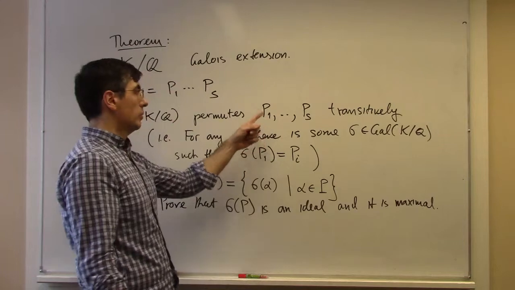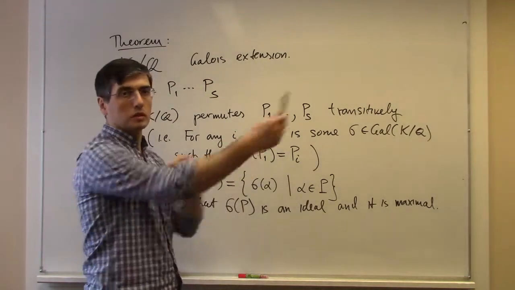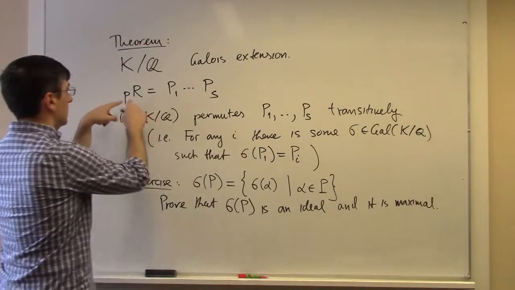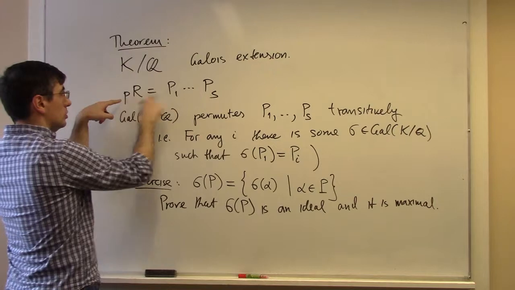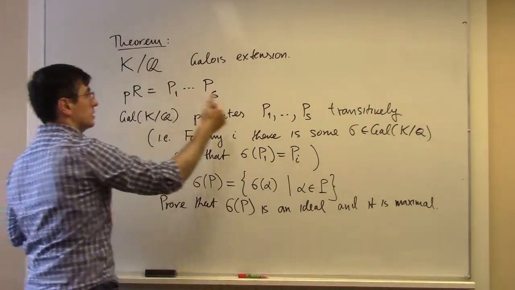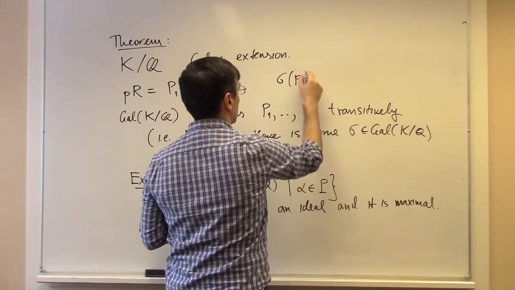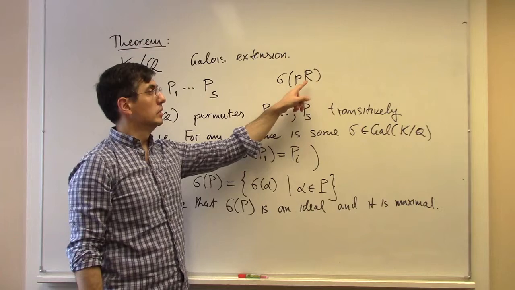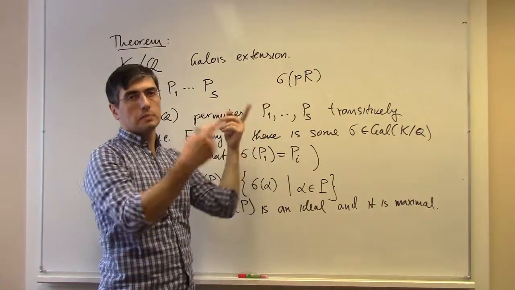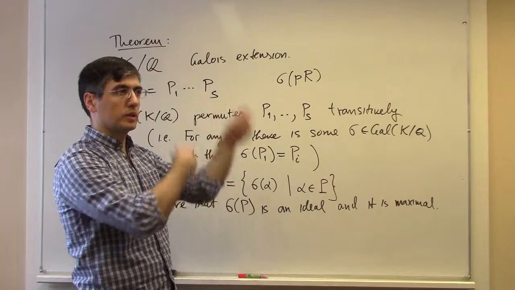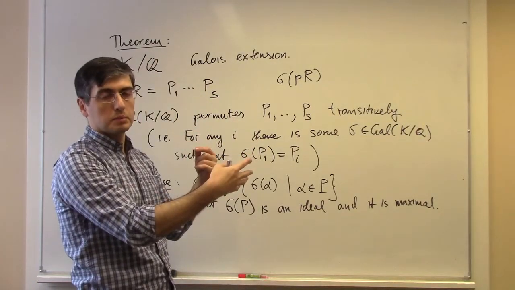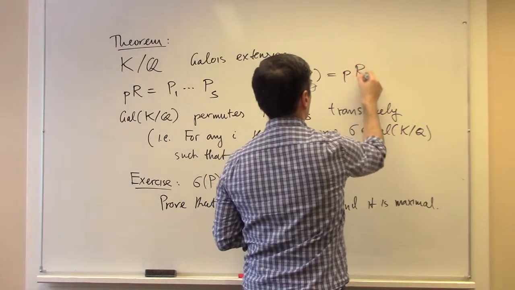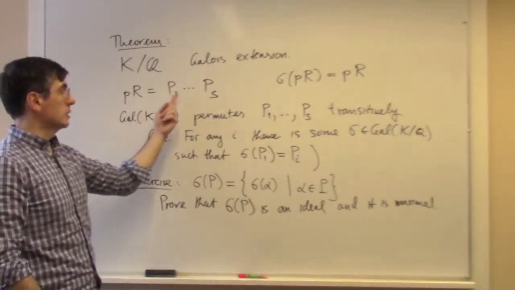So indeed you get some other prime ideal. The question is why you get one of those and not some other ideal. Well, that's easy to see because when you apply sigma to this equation, you get sigma of pR. But because p is in Q, p doesn't move, and sigma R is just R. So everything in the number ring gets permuted, but you still get the same ideal. Then you're applying sigma to these ideals.